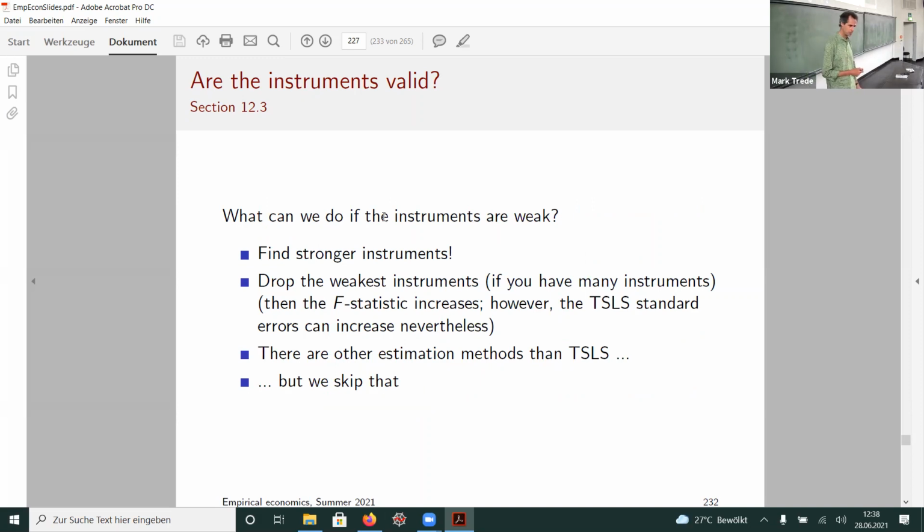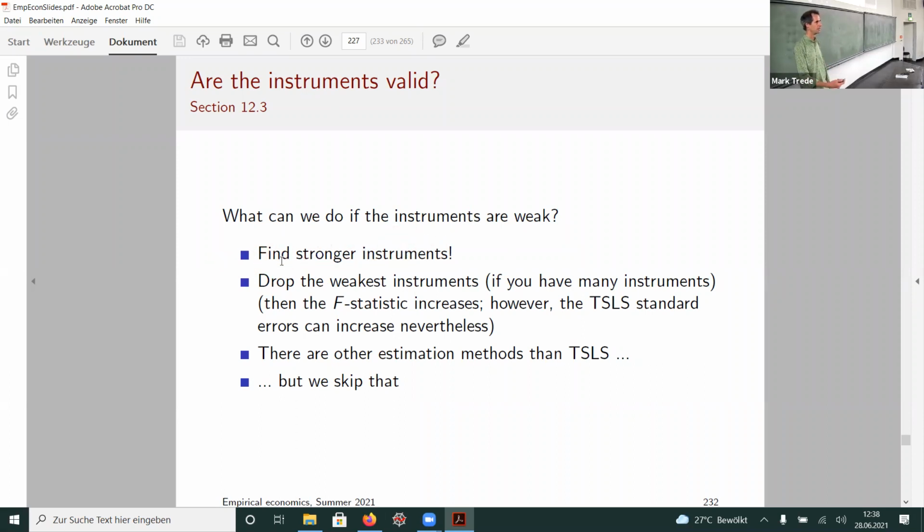And what do we do if we find out that the instruments are weak? Well, the trivial advice is, well, go out and find better instruments. That's trivial. Of course, it's true. And that's, of course, the best way. You need to find stronger instruments.